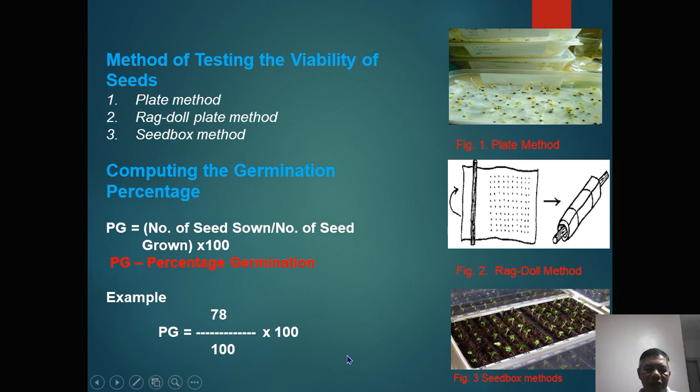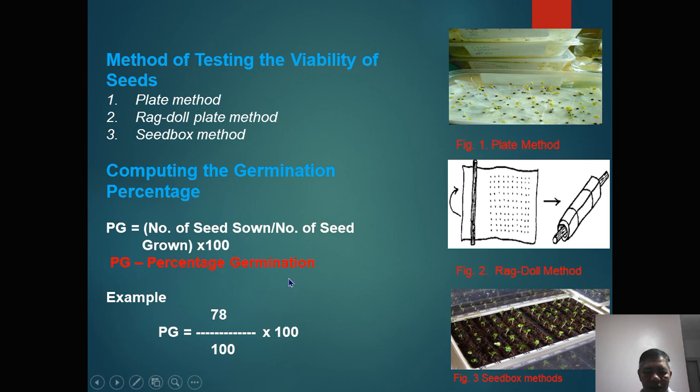Sometimes we give allowance until 80%, but below 80%, it's no longer good to use these tested seeds. Why?